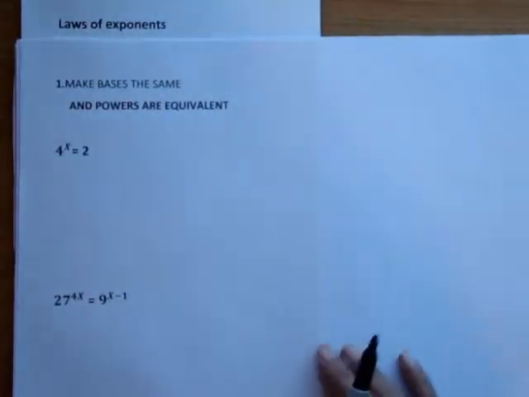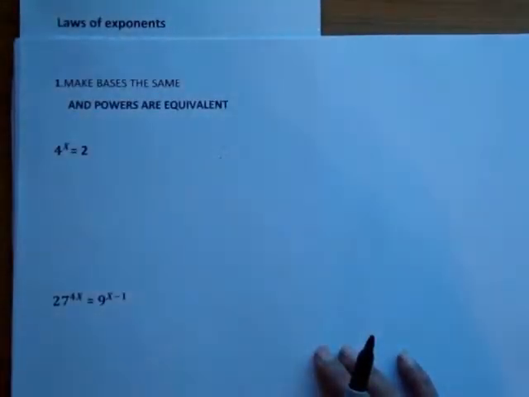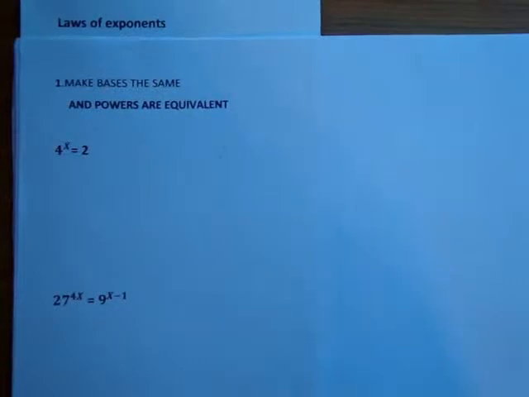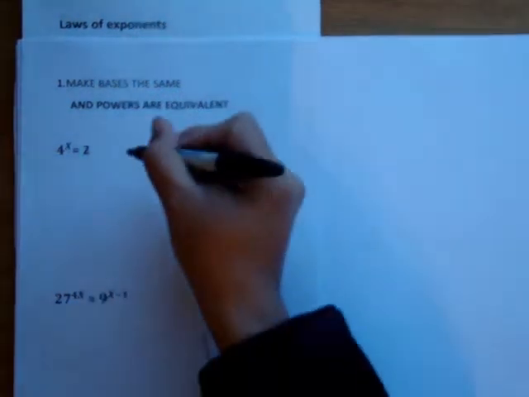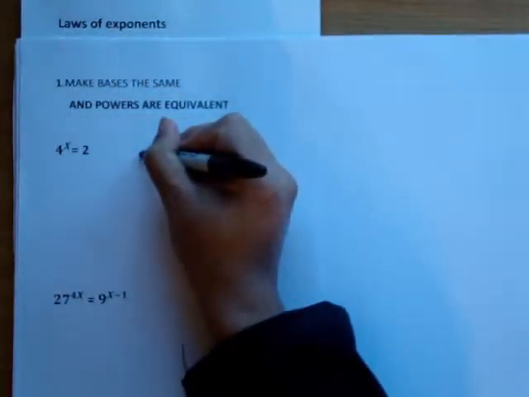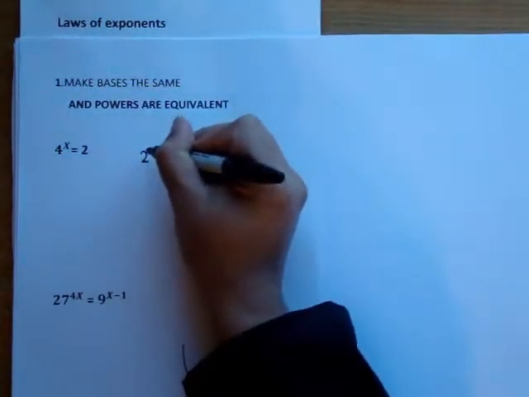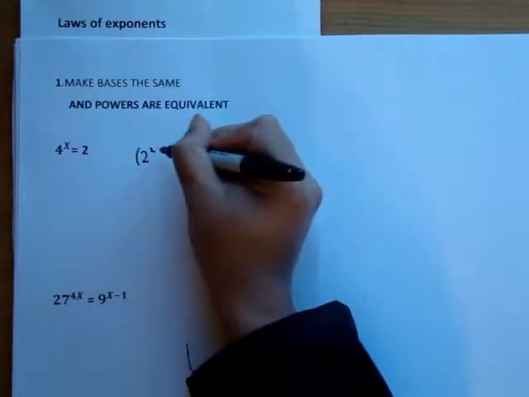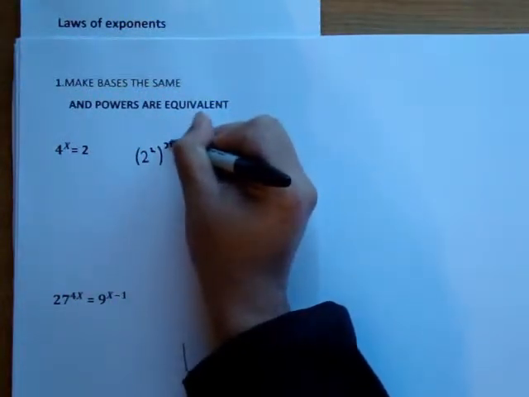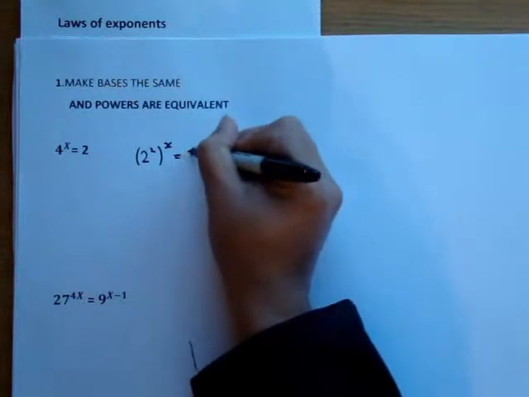Okay, we're going to go over some solving exponential equations. Two techniques. The first one is where we make the bases equivalent to each other, and then the powers are also equivalent. So for example, 4 to the x plus 2. So we can see that we can make the 4 into a 2. So 2 to the power 2 is 4. That'll be to the power x equals 2.